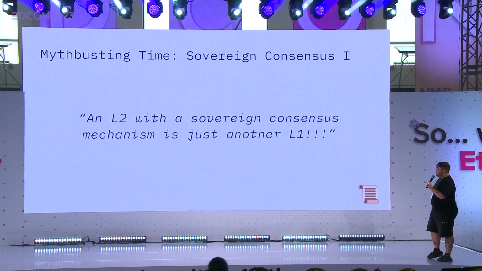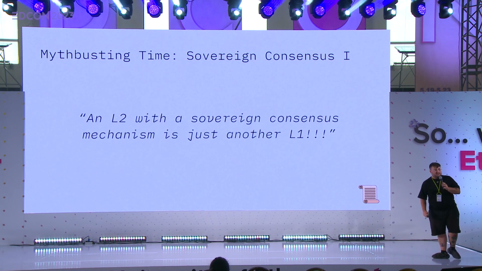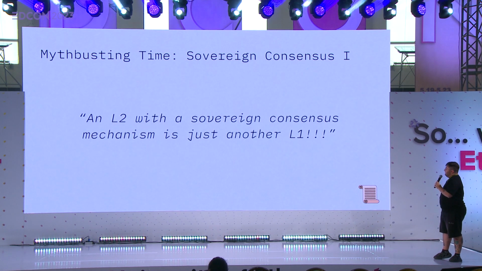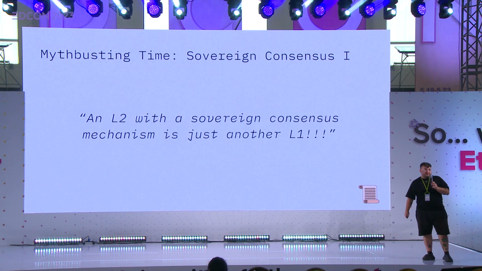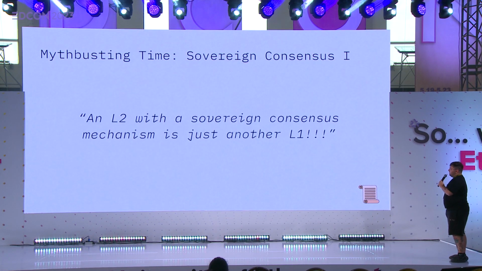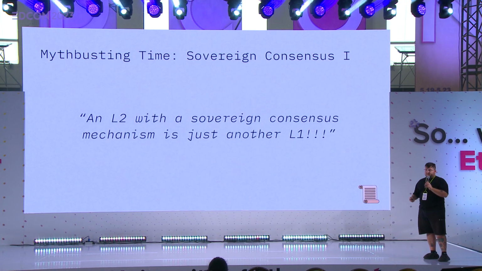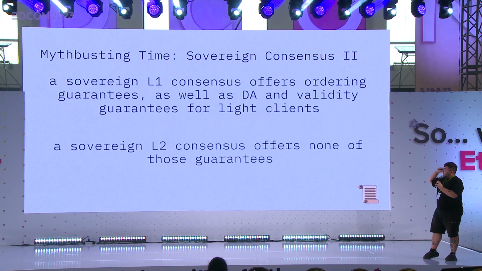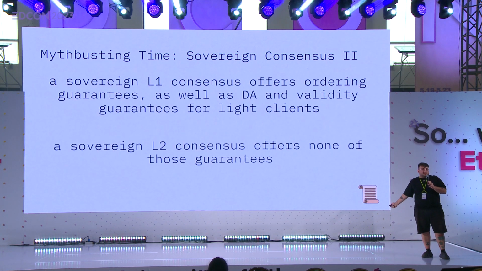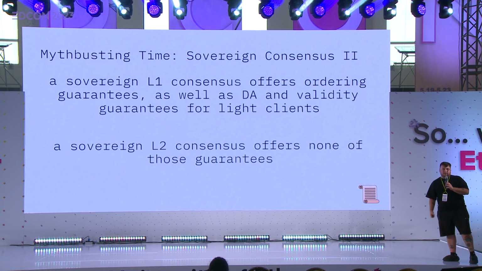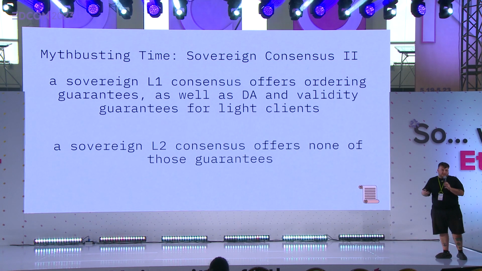And another myth that I've been seeing a lot on Twitter recently is that an L2 with a sovereign consensus mechanism is just another L1, which is completely not true and nonsensical. The reason it's not true is because, as I previously said, the rollup doesn't provide separate safety guarantees, correctness guarantees, etc. When you think about an L1, consensus provides certain guarantees.